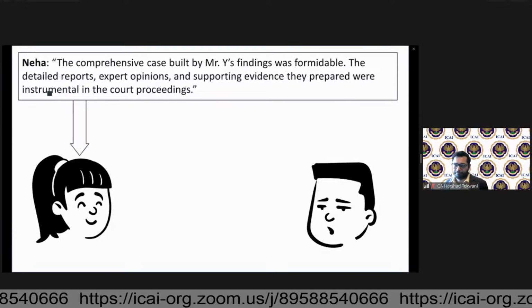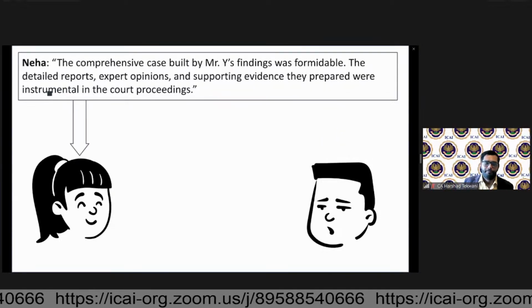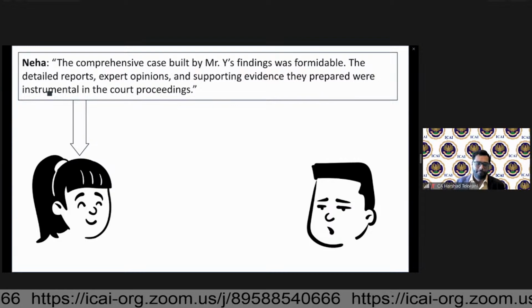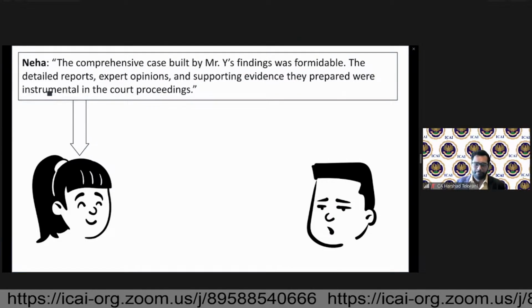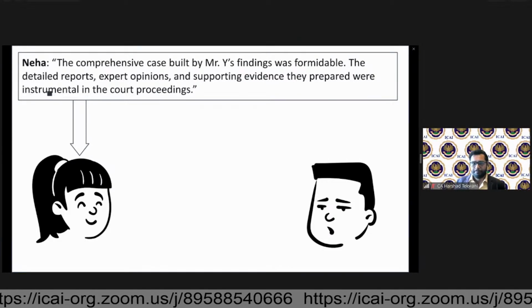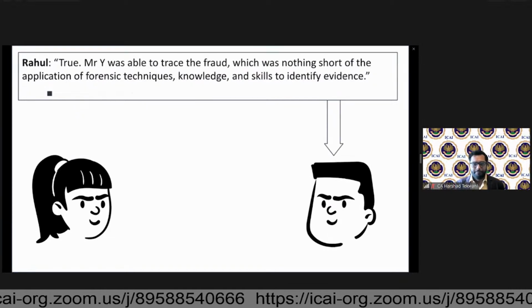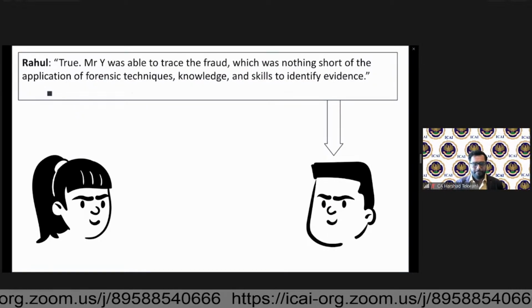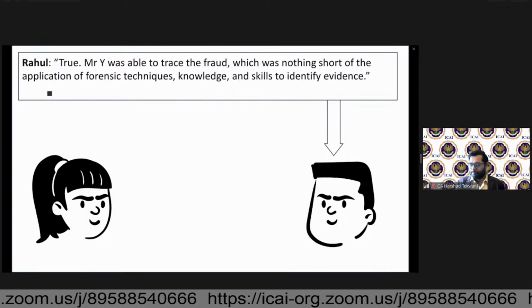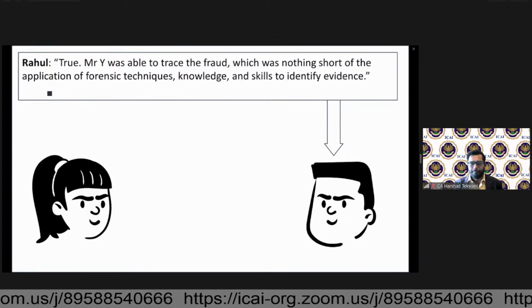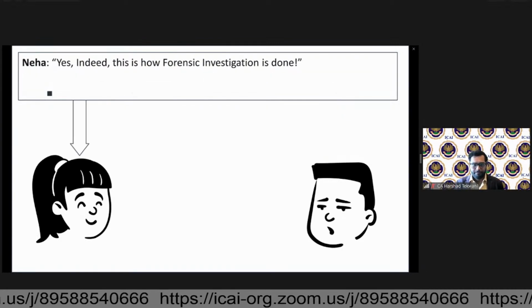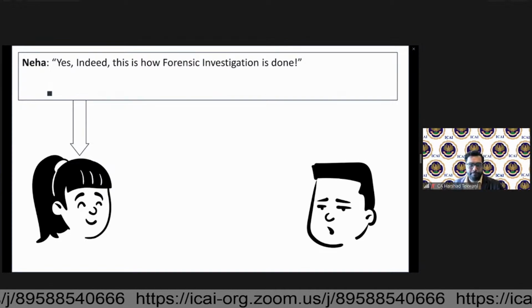The comprehensive case built by Mr. Y's findings was formidable. The detailed reports, expert opinions, and supporting evidence they prepared were instrumental in the court proceedings. True. Mr. Y was able to trace the fraud, which was nothing short of the application of forensic techniques, knowledge, and skills to identify evidence. Yes, indeed, this is how forensic investigation is done.